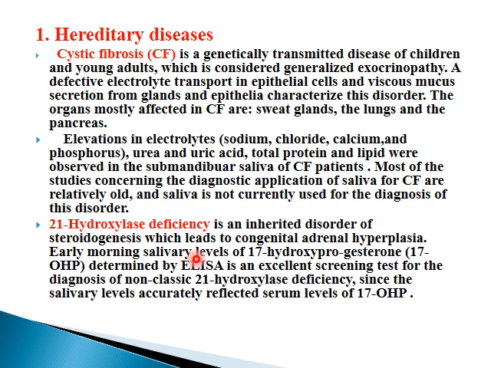Early morning salivary level of 17-hydroxyprogesterone determined by ELISA is an excellent screening test for the diagnosis of non-classic 21-hydroxylase deficiency, since the salivary level accurately reflected serum levels of 17-OHP.